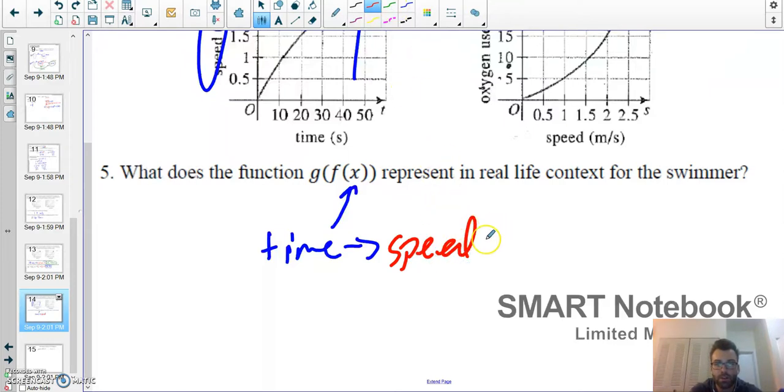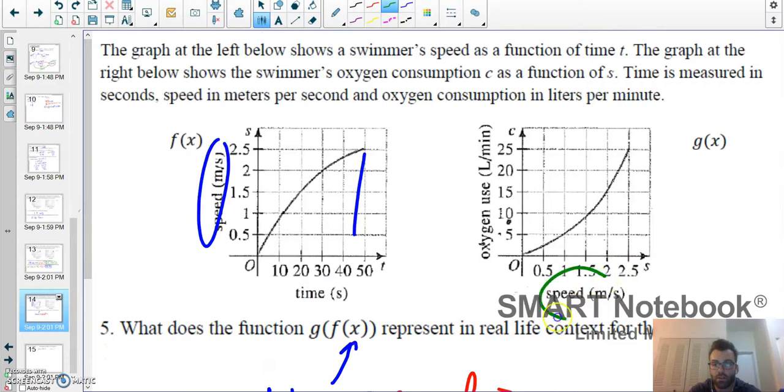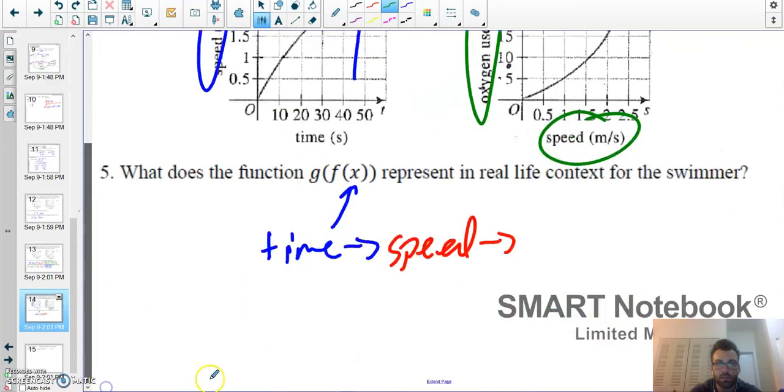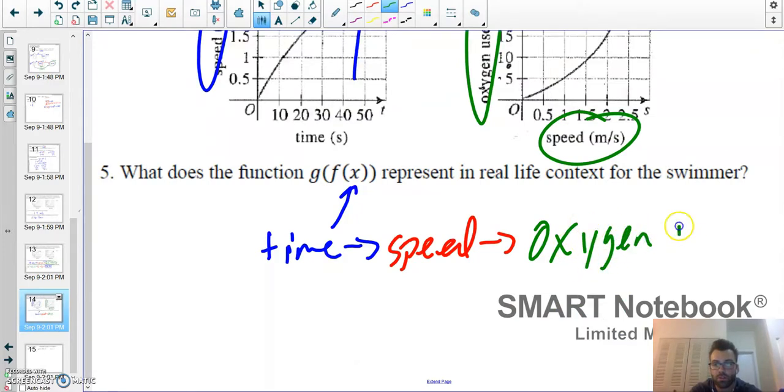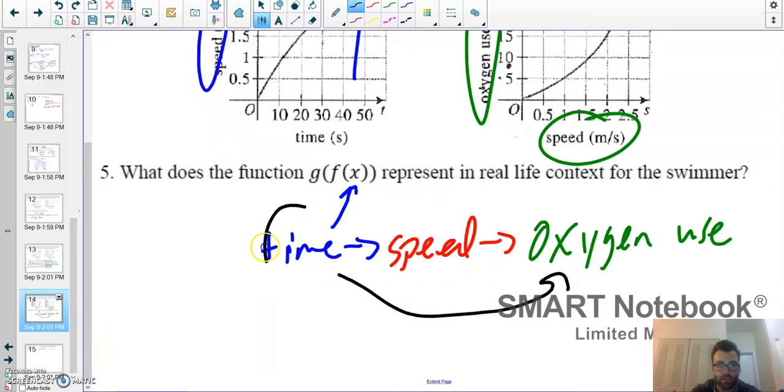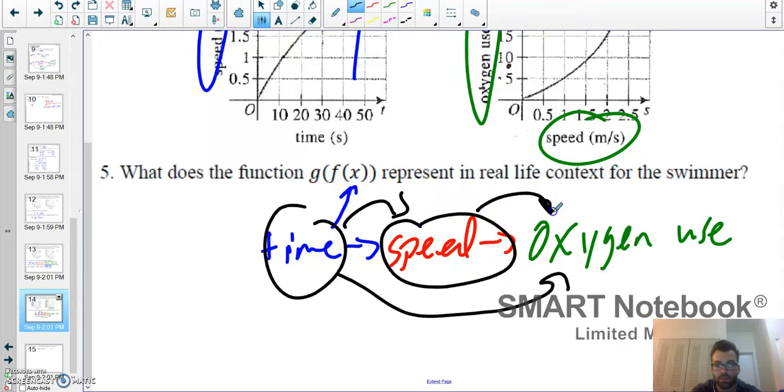I go from speed as an input, and my output becomes oxygen use. So what does this thing represent? If I jump from here to there, my first circle leads to my second circle, which leads to my third.